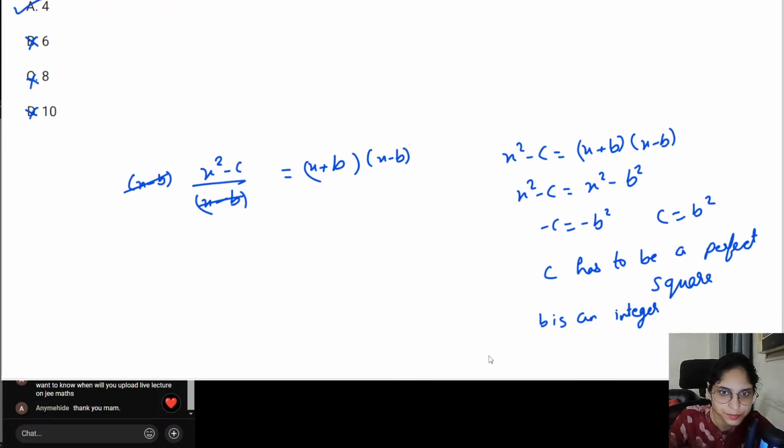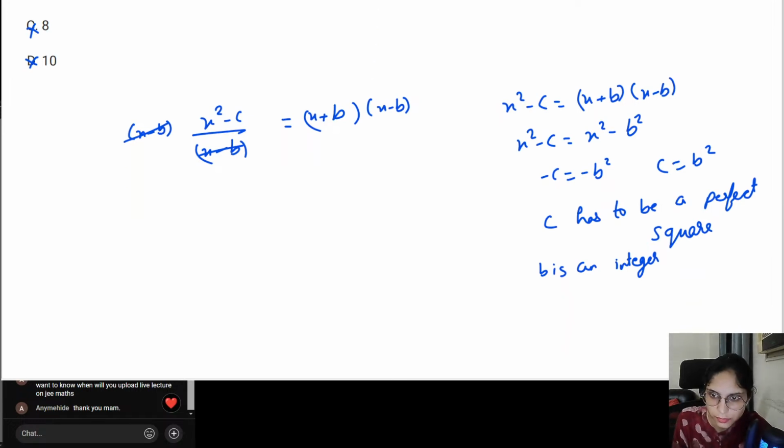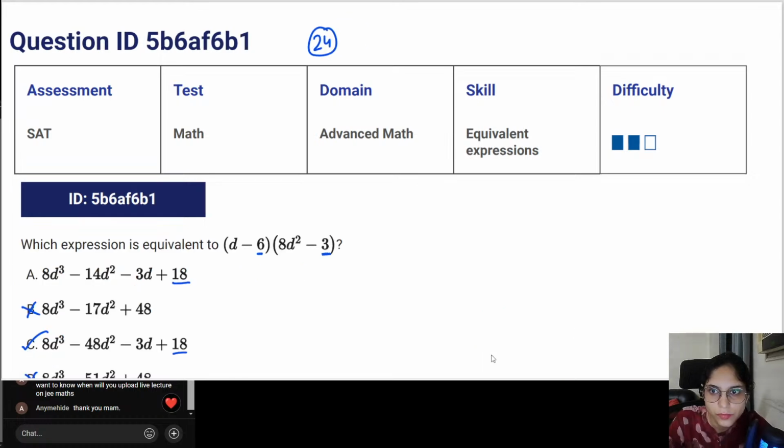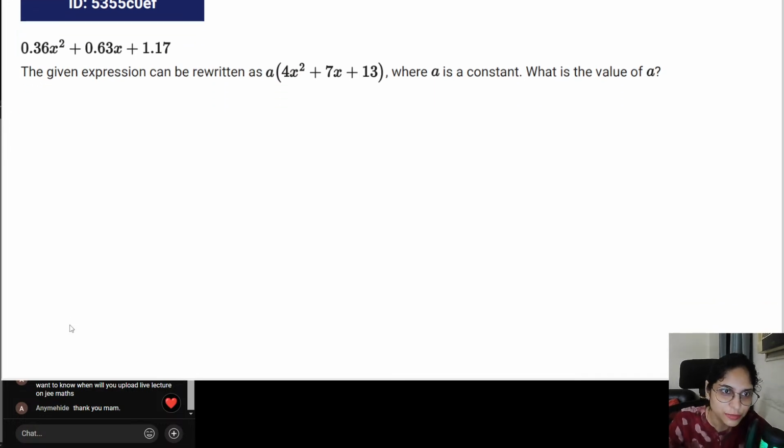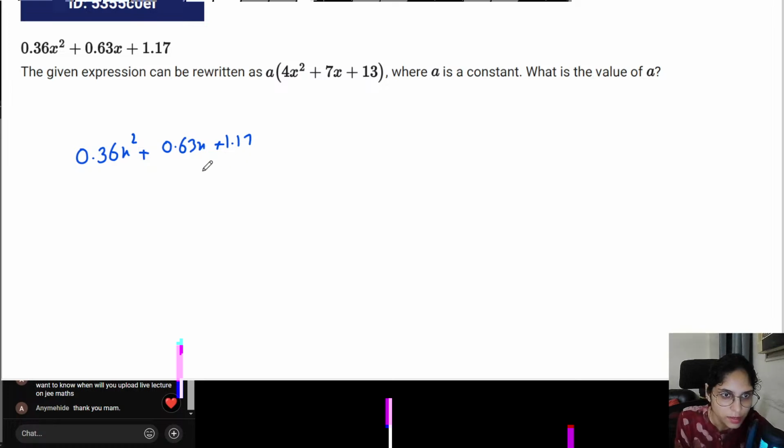27th. You have to find the value of a. See, you have 4 inside.